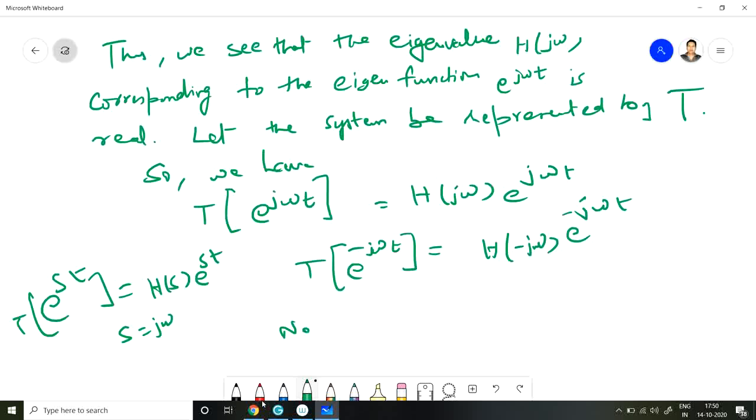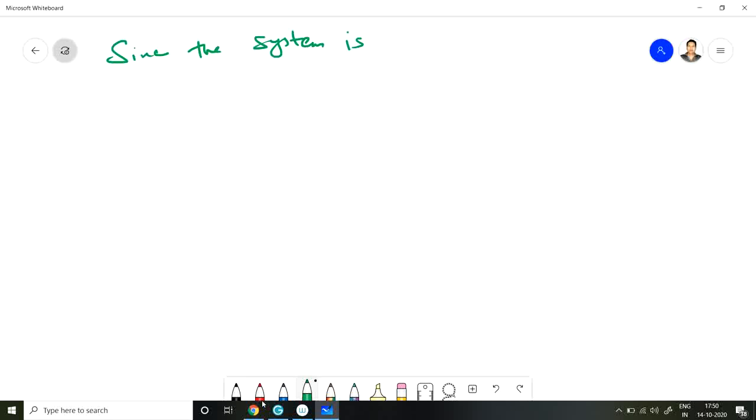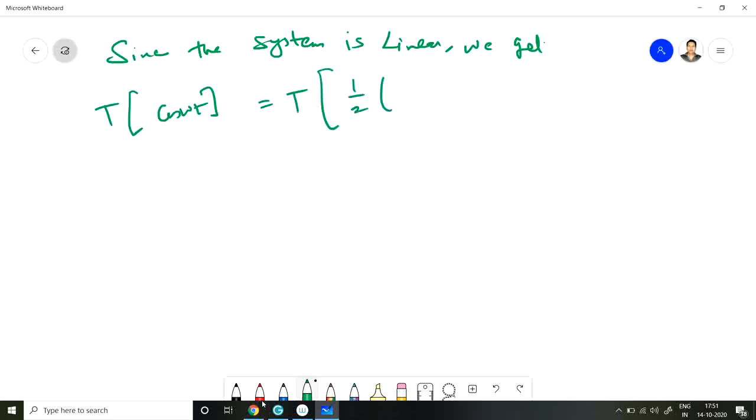Now, since the system is linear, if we apply cos omega t inside the system, we can write it in the form of e raised to the power j omega t plus e raised to the power minus j omega t.